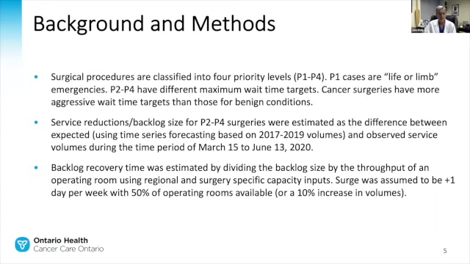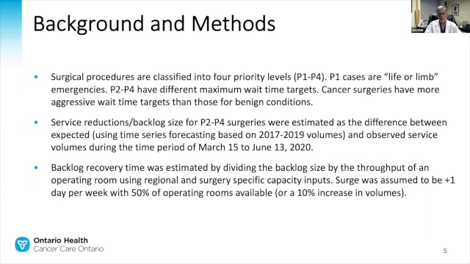The service reduction and backlog size for the P2 to P4 surgeries were estimated as the difference between the expected, which is the 2017 to 2019 historical volumes, and the observed service volumes that we saw between March 15th and June 13th.